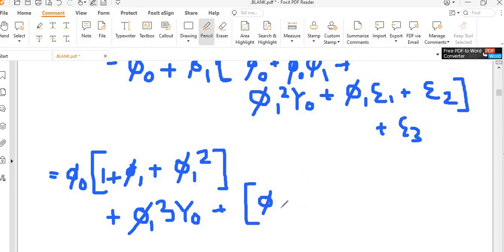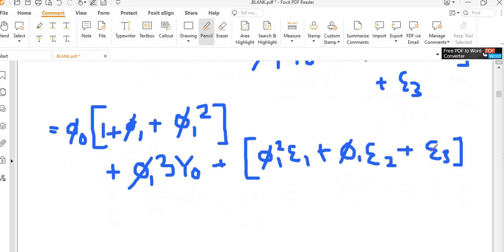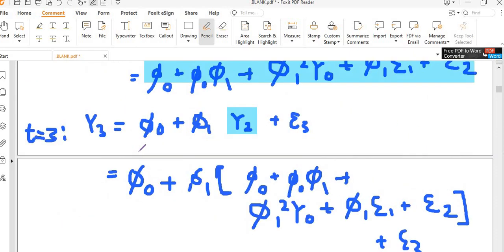Then you have phi 1 square epsilon 1 plus phi 1 epsilon 2, and then there is the lone wolf epsilon 3 over here, right? This is the equation that we get when we put t equal to 3.